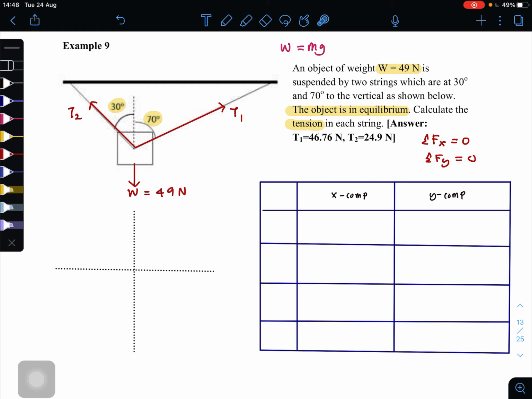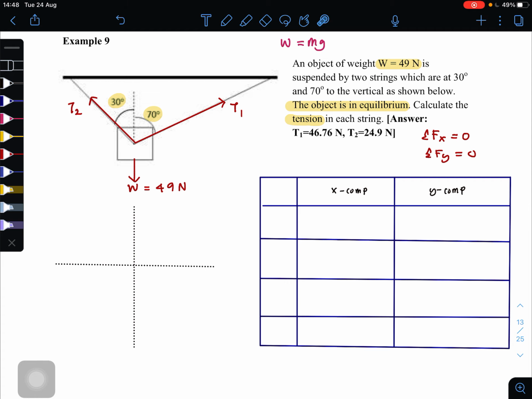Okay, and then next step, after we identify the force, we need to draw a free body diagram. So draw the free body diagram on x and y axis. First start with a dot, and then going downward is W, which is 49 Newton, and then we have T1, and angle 70 degree, and also T2 here, angle 30 degree.